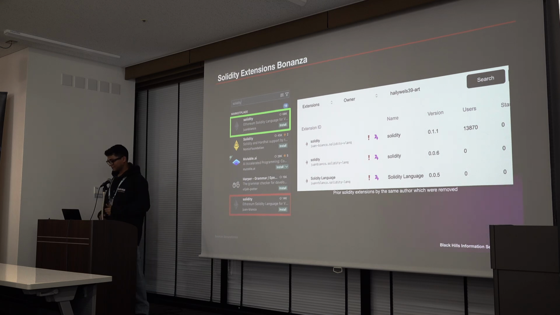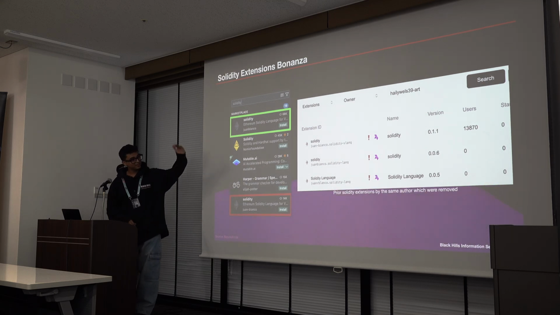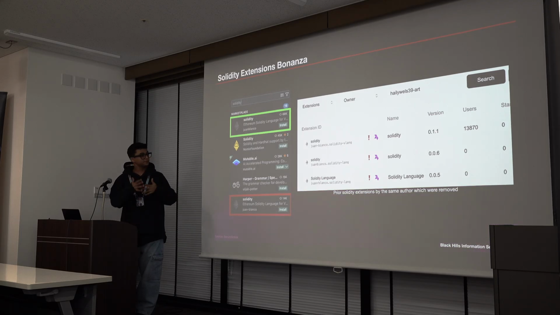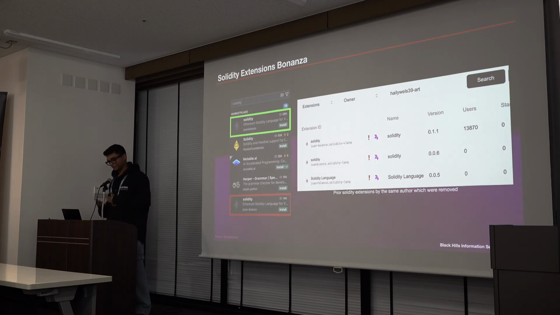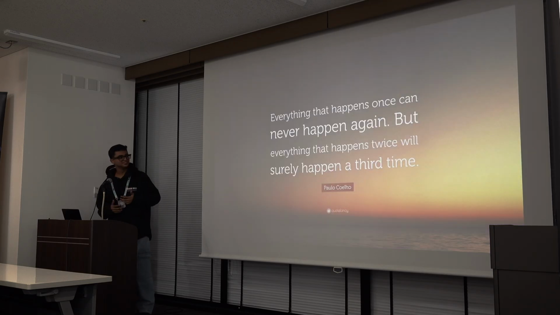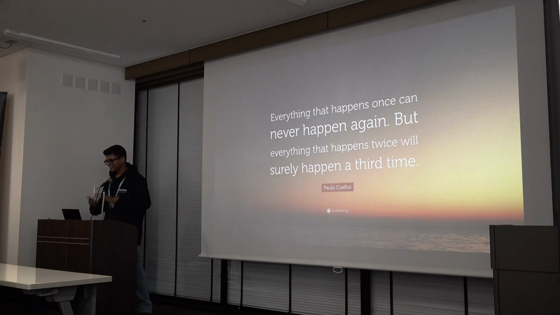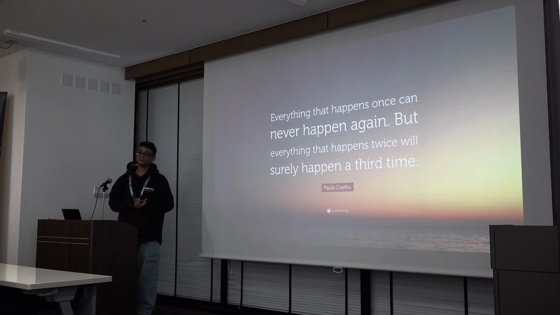And not only that, this developer did not give up. They published several of these extensions with some variation of the name Juan Blanco, as well as the Solidity logo and stuff to fool more crypto developers. So there has been a very targeted attack against crypto devs. But as Paulo Coelho says, everything that happens once can never happen again, but everything that happens twice will sure happen a third time.